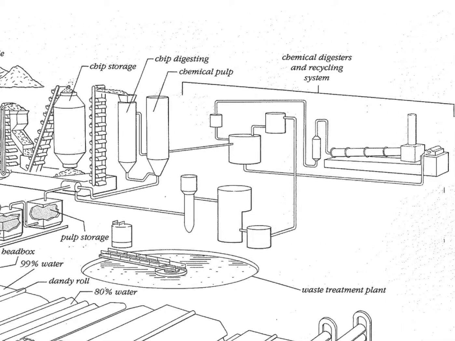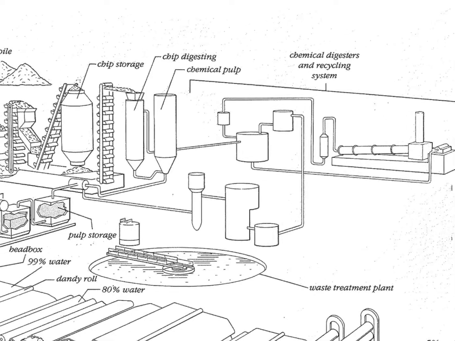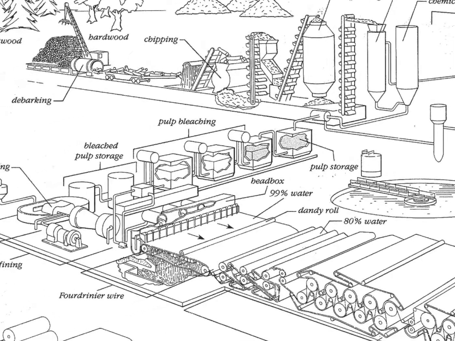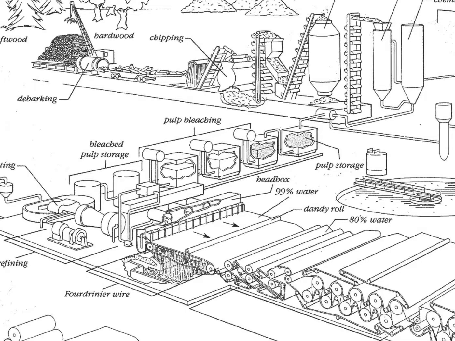Chemical pulping breaks down the chips into tiny fibers. Those fibers get stirred and mixed together into a slurry, and it gets cleaned and bleached so it becomes white.